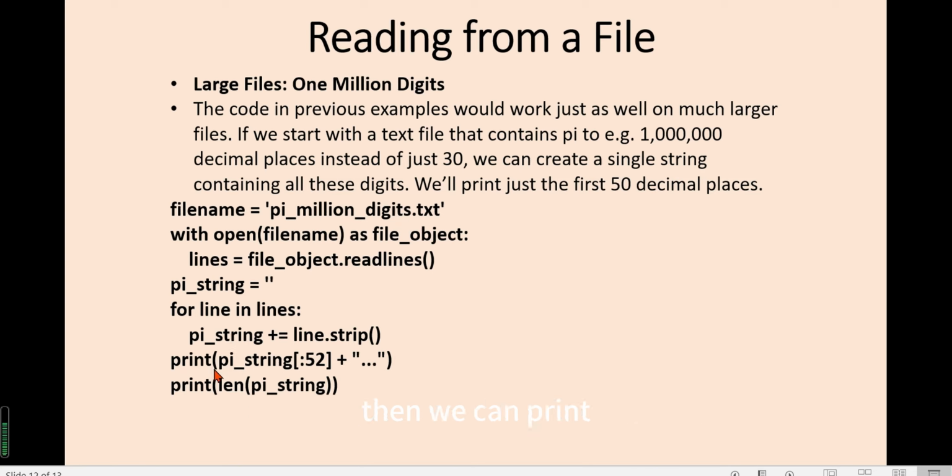Then we can print the first 52 characters of the string. That means the 50 decimal places will be printed out, and we can print the length of pi string. It should be 1 million and 2.